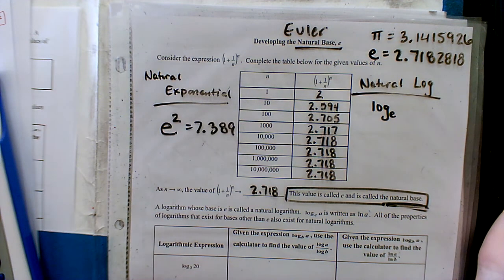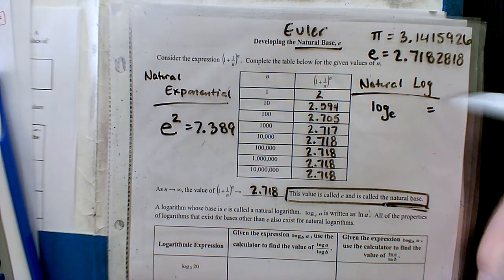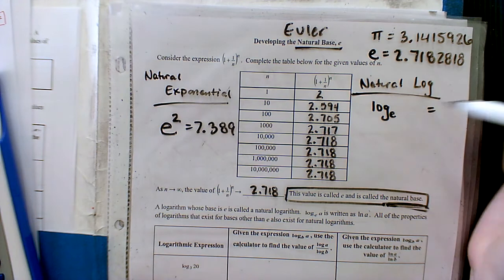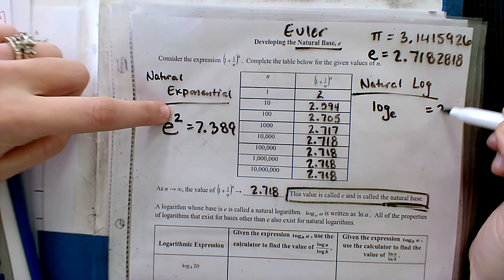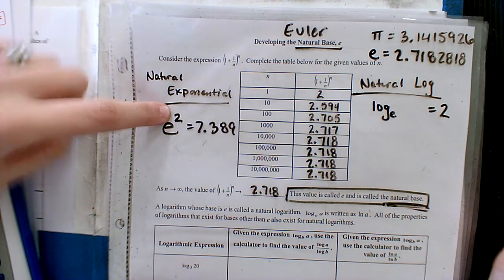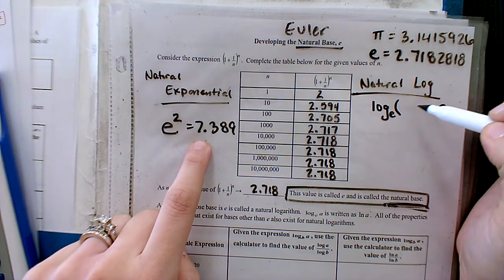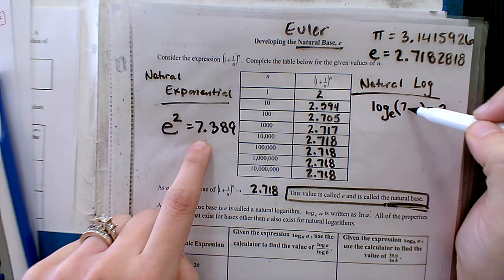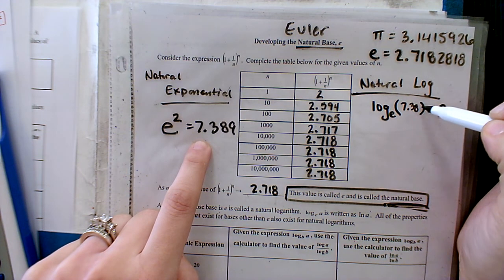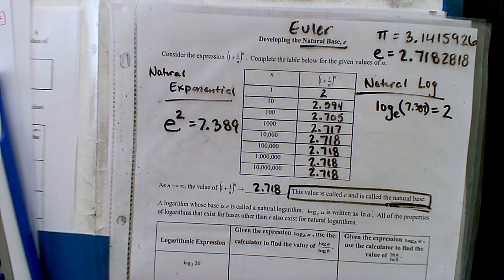If logs are powers, then this logarithmic equation should equal this power of 2, and this 7.389 number is going to be the argument. We did a little bit of that on Thursday when we were converting between logs and exponentials.